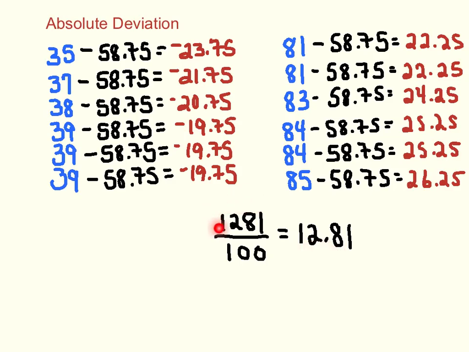So adding up the absolute value of these numbers across all 100 scores equals 1281, and then we're just dividing that by the total number of scores to get the mean absolute deviation from the mean.